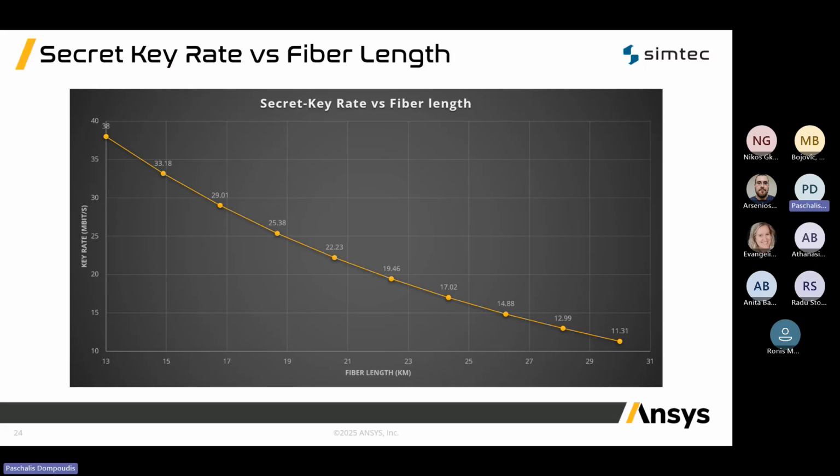This figure also shows a small parameter sweep I did of the fiber length, and we can see the impact on the secret key rate in our QKD system. So it is obvious that as the fiber length increases, the secret key rate decreases significantly.